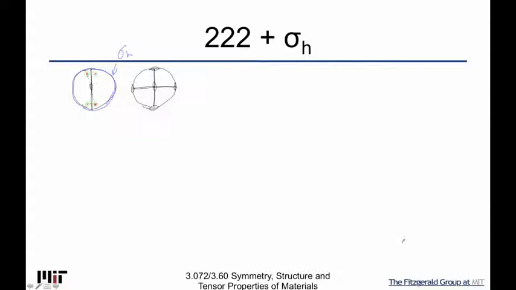So let's think about what that actually is now. If I look at it, I realize that I have mirror planes perpendicular to all twofold axes. So if I look here, certainly I have a mirror plane relating this to this. So it's kind of a mirror plane going around there.